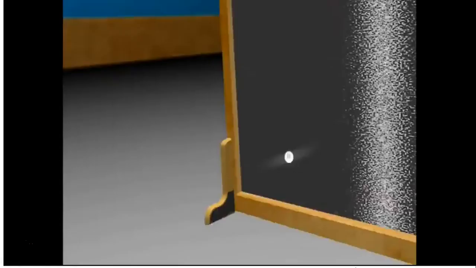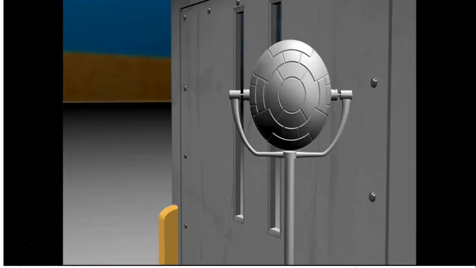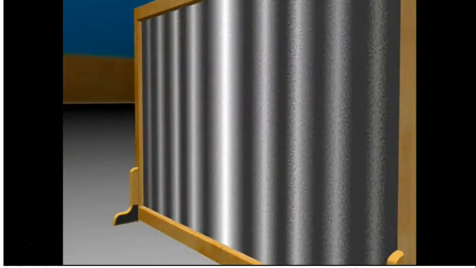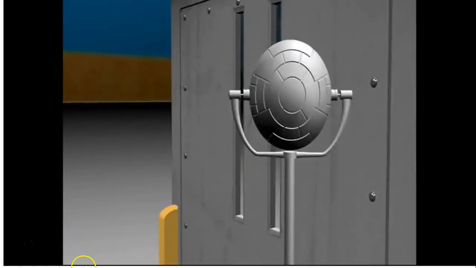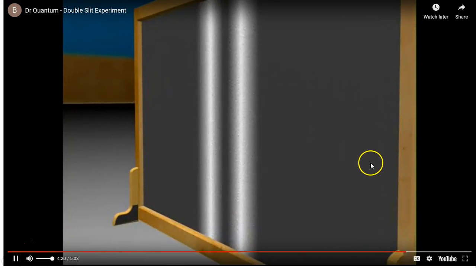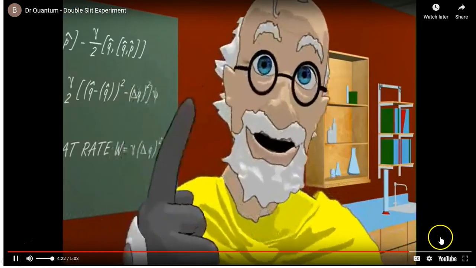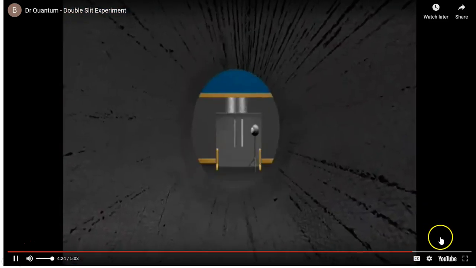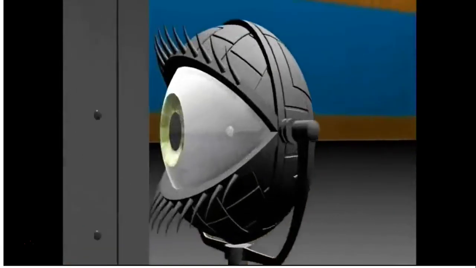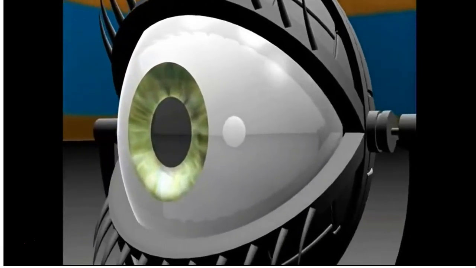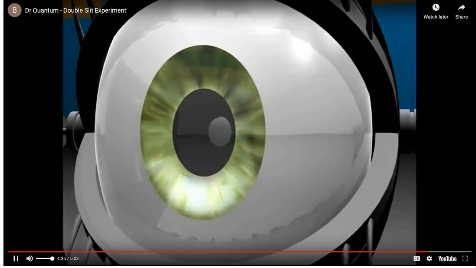It produced a pattern of two bands, not an interference pattern of many. The very act of measuring or observing which slit it went through meant it only went through one, not both. The electron decided to act differently, as though it was aware it was being watched.